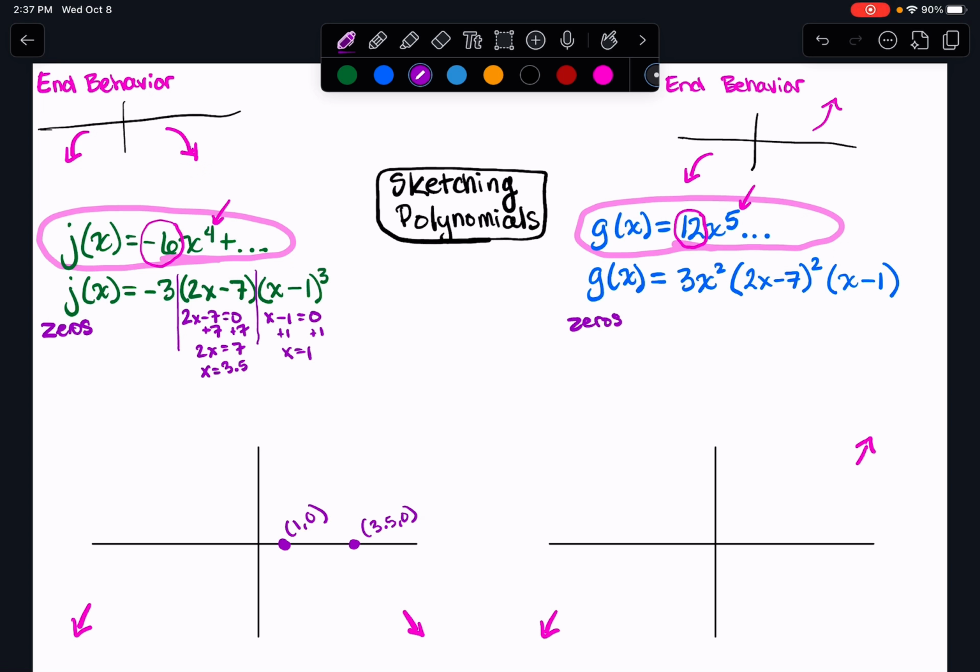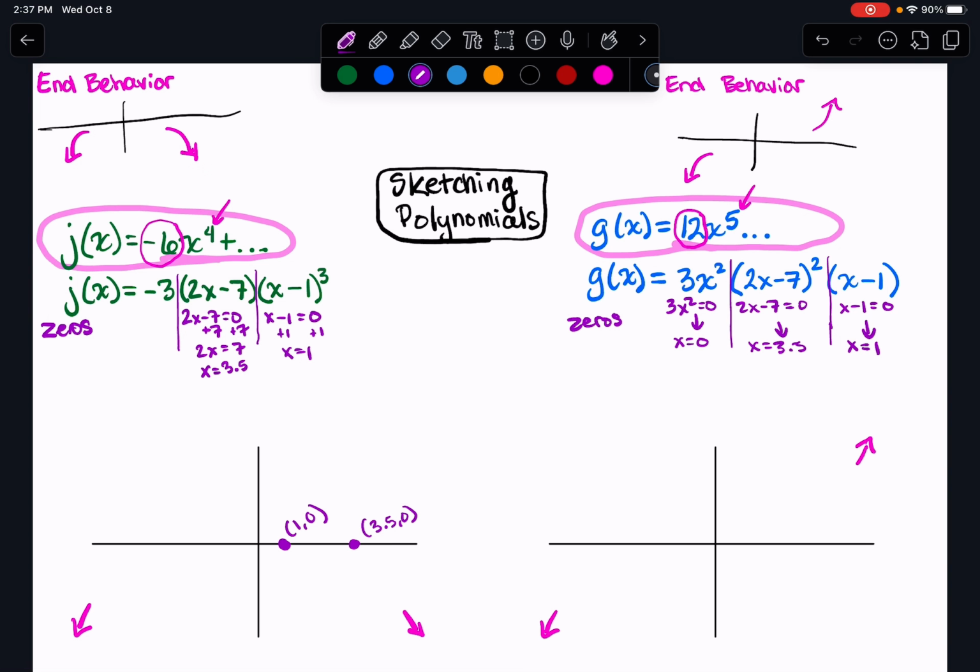For g of x, I have three roots. I have three opportunities to equal 0. Either 3x squared equals 0, which would tell me that x equals 0, or 2x minus 7 equals 0. We already have the work for that, so that tells us x is 3.5. Or x minus 1 equals 0, in which case x would be 1.